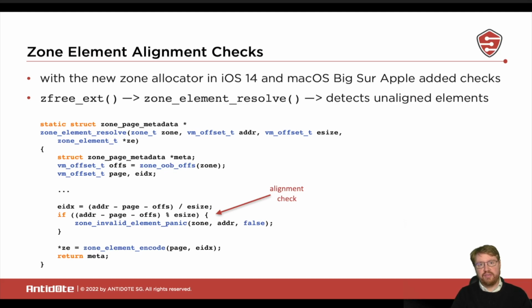So with this new allocator, it is no longer possible to free a memory pointer that is not aligned into a free list. Actually, there is no real free list anymore. But this is something that you would learn if you have more in-depth knowledge about the zone allocator. But this is basically the point here. We can no longer do this, so this attack is basically dead.